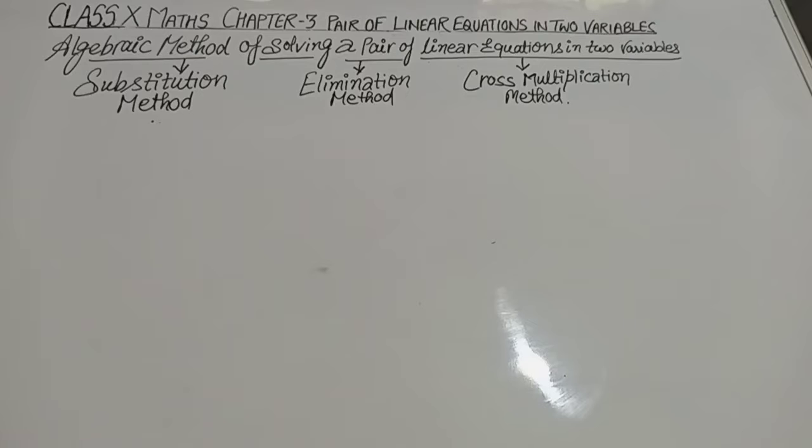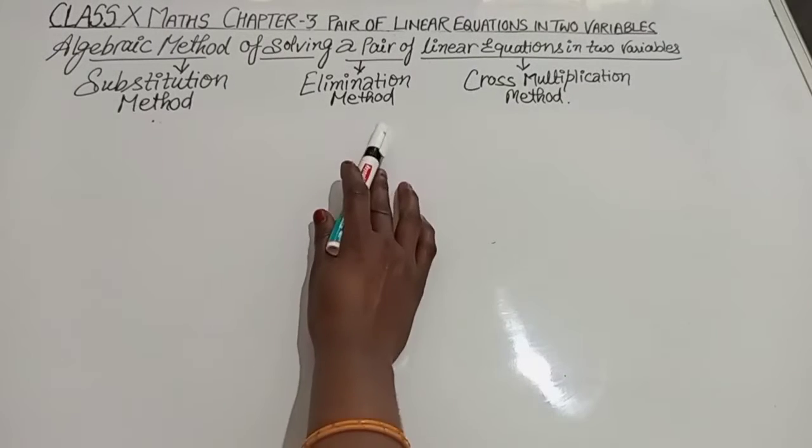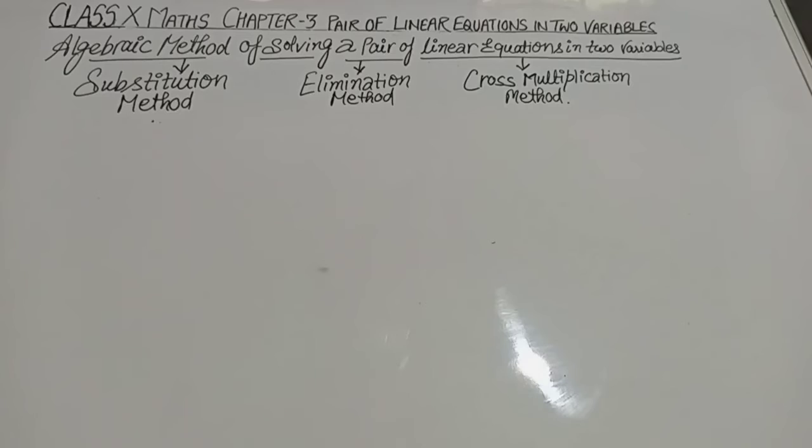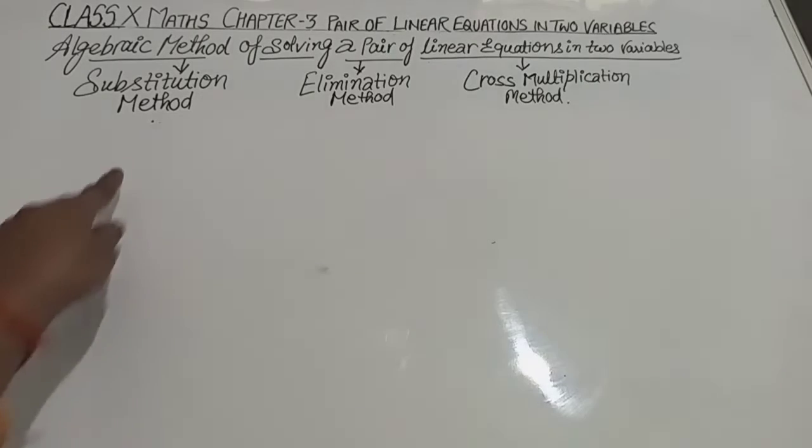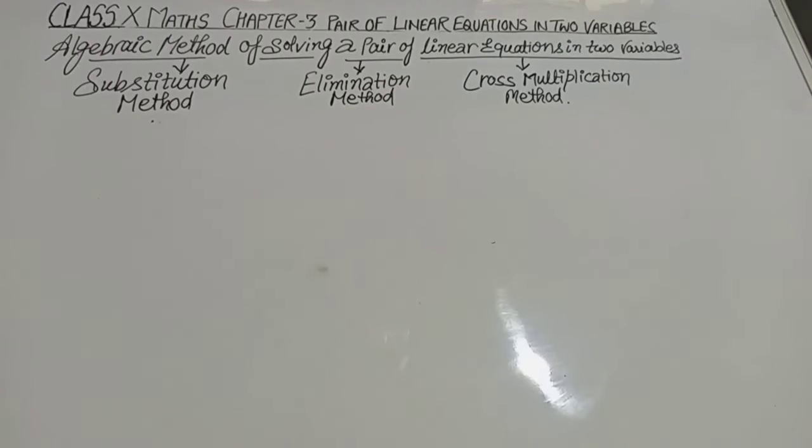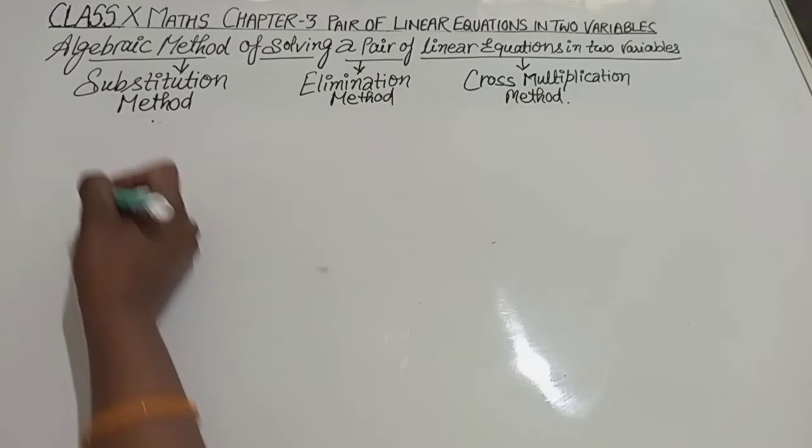So the most used method is the elimination method. Now come to the cross multiplication method, because in examinations, there is often a condition that you have to solve through the substitution method or the cross multiplication method.